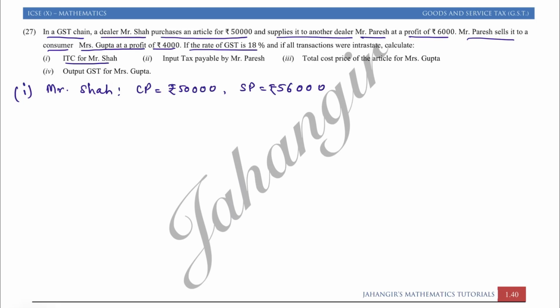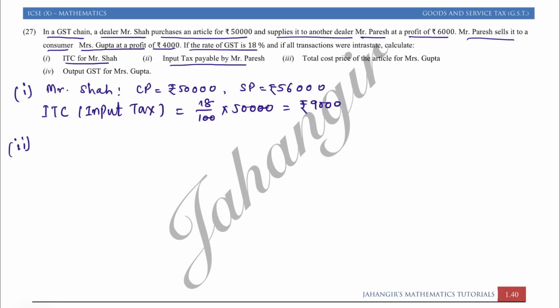So in the first part we have to find ITC for Mr. Shah. So we will write ITC, input tax credit. Here we don't want input CGST, input SGST. We will find directly ITC, that is input tax. Input tax is always on cost price. So we will find 18% of 50,000, which is 9,000 rupees. Now second question is input tax payable by Mr. Paresh.